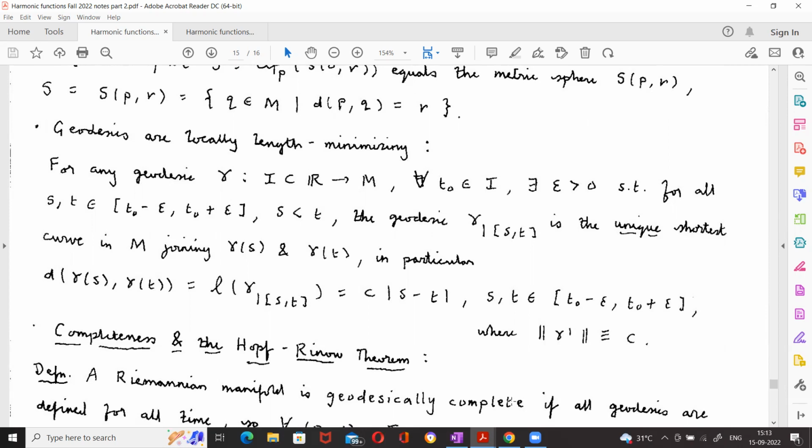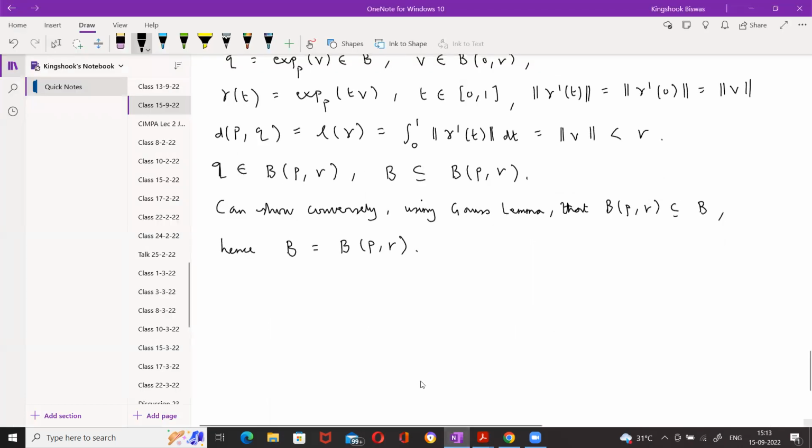You can see that in this picture, geodesics are locally length minimizing.